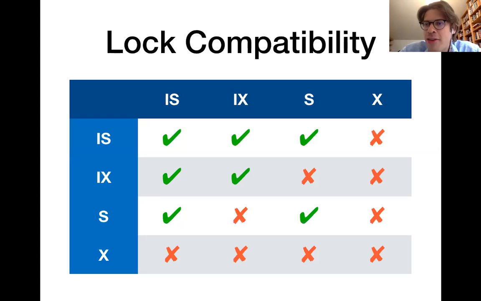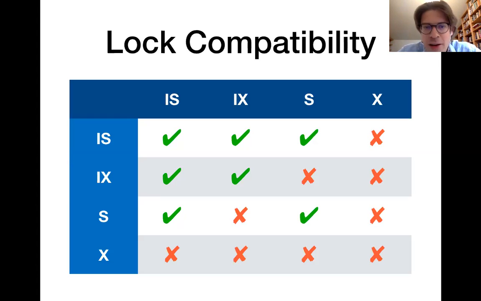Now we've introduced two more types of locks, so it gets a little bit more complex to keep track of which combinations of locks are allowed and which are not allowed. Here you see the full overview.